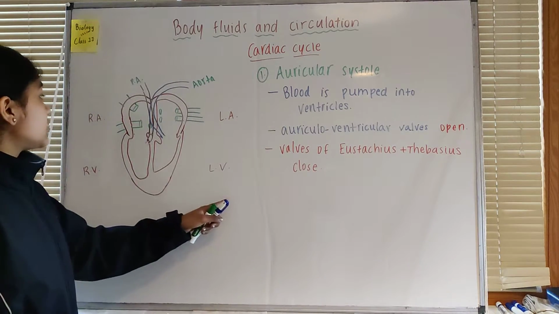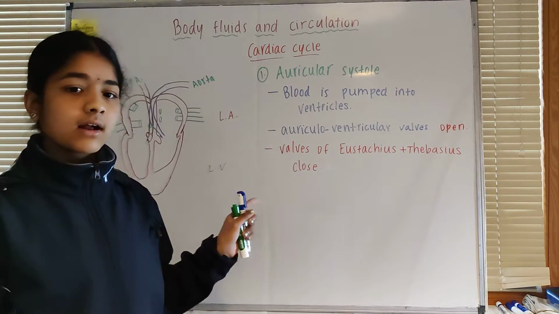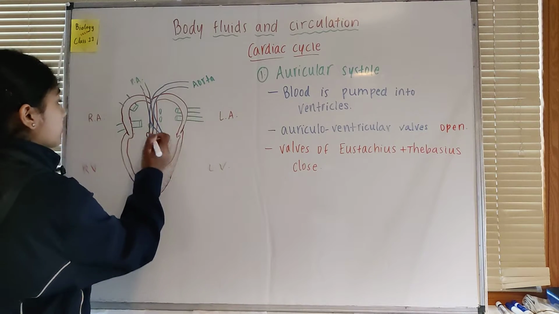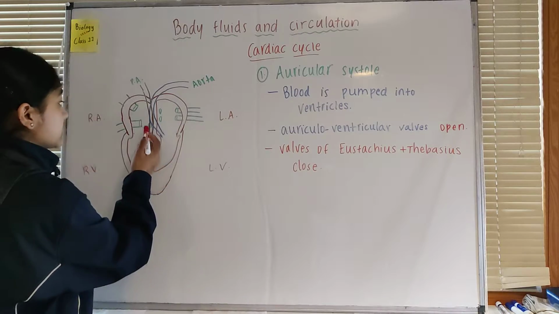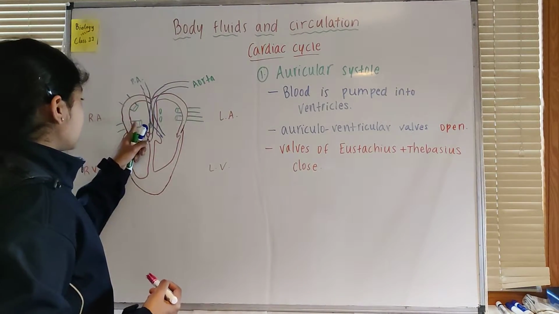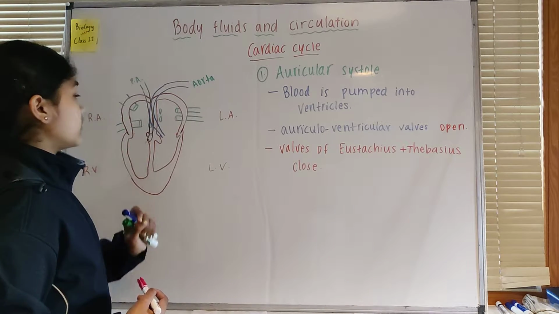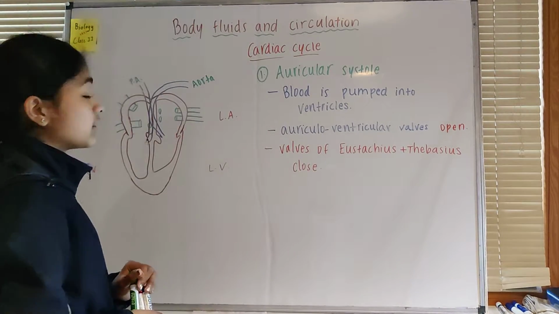The valve of eustachius is here in the inferior vena cava, and this is the coronary sinus. The valve of the coronary sinus is the valve of thebesius. So eustachius is this valve, and thebesius is this one, the valve of the coronary sinus. These valves are closed.